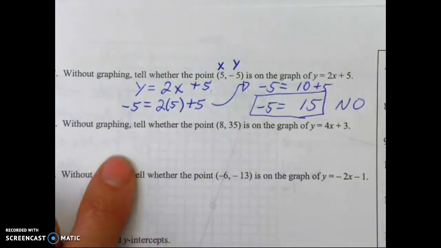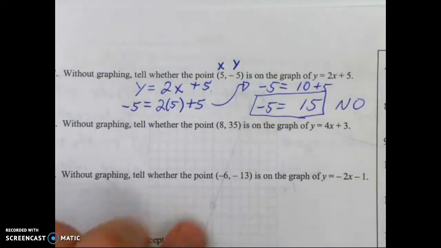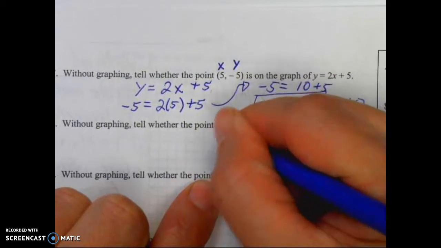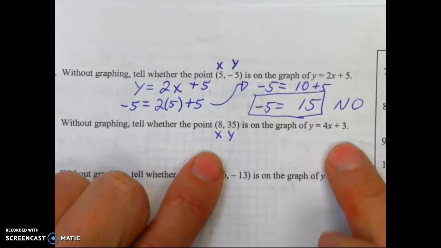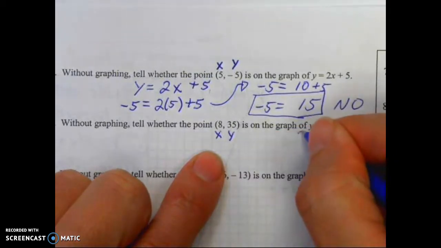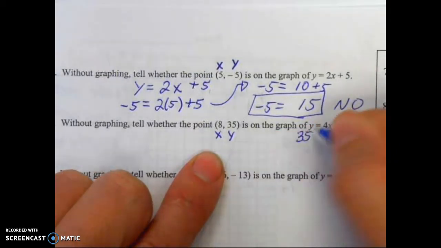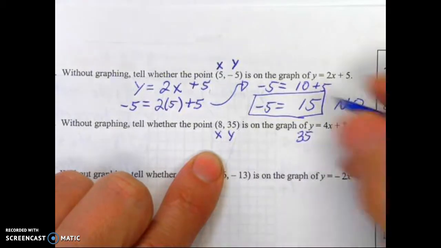All right. Number 8, same exact thing, right? X, Y. So this time I'm just going to actually try to do it right underneath it. My y is a 35, so I write it right under the y. Pretty convenient.